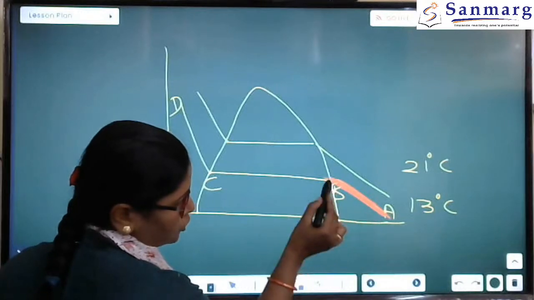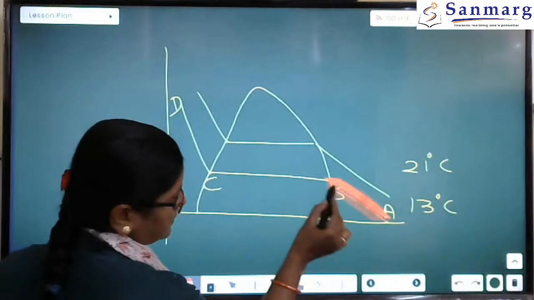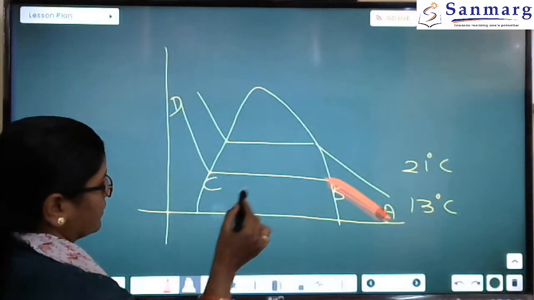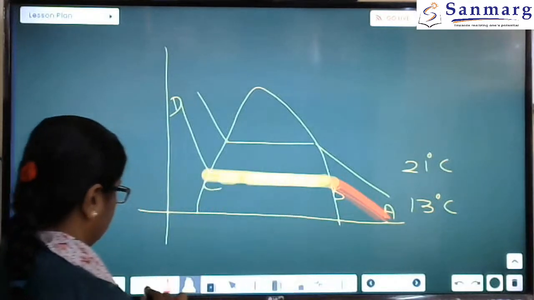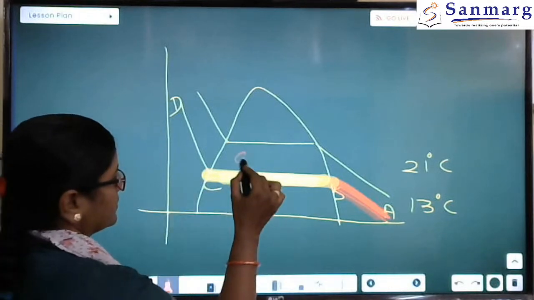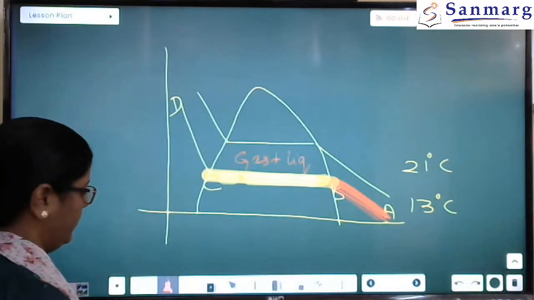This part shows gas plus liquid, both in equilibrium.